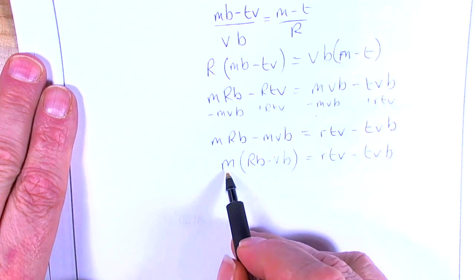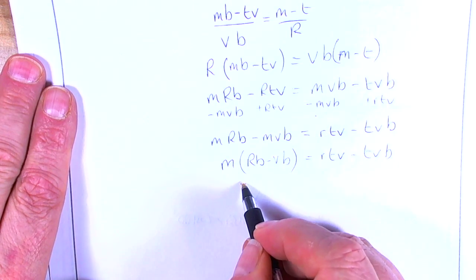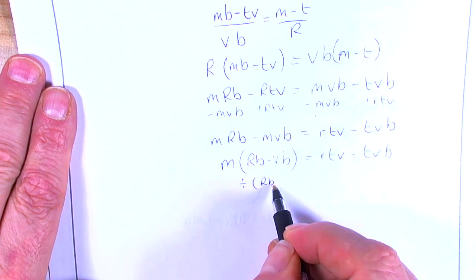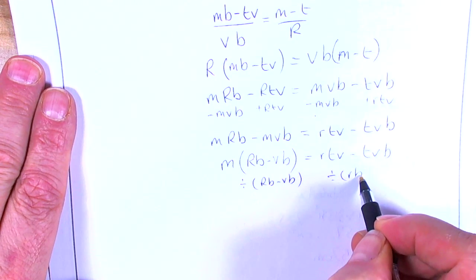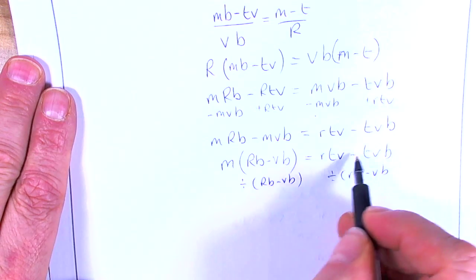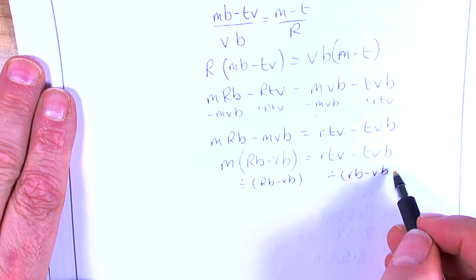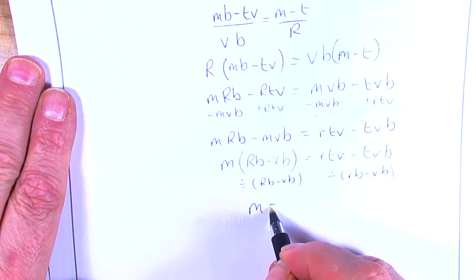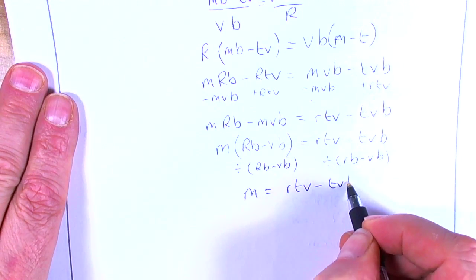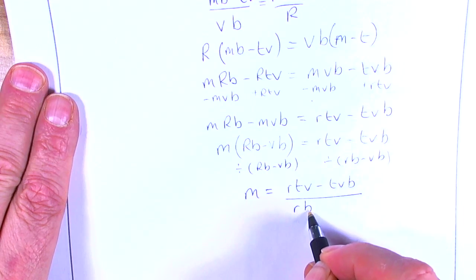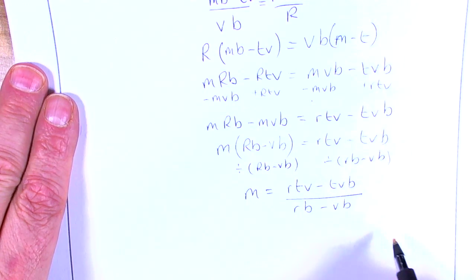I want M left on its own, so I can divide by the bracket, so we divide by RB take away VB, do it to both sides of course to make it balance, because the equals means it's the same on both sides, and we end up with M equals RTV minus TVB all over RB take away VB.